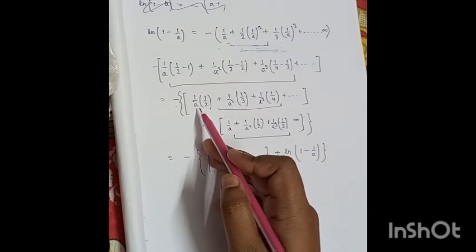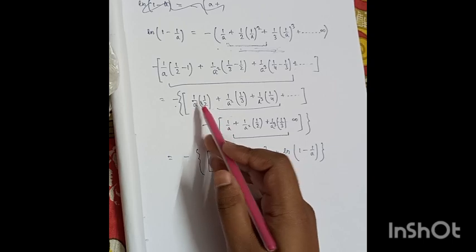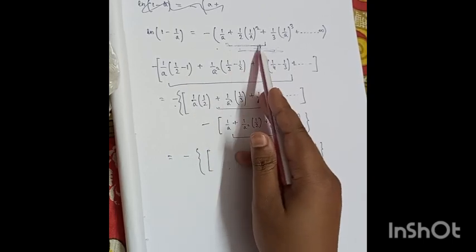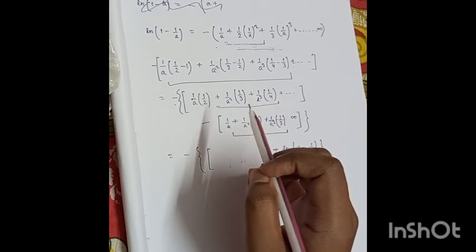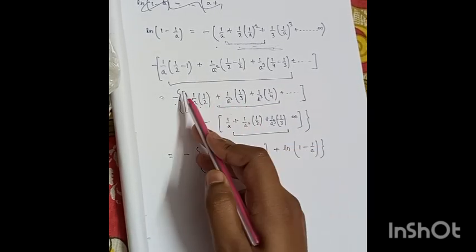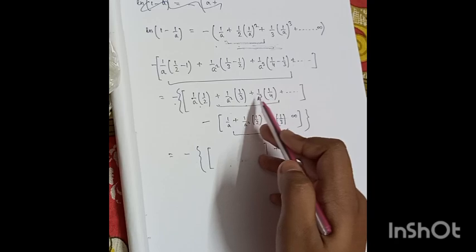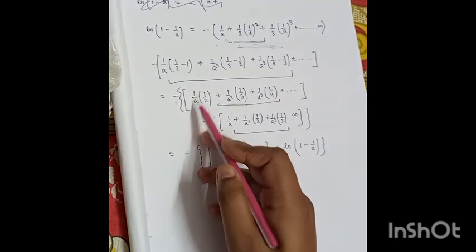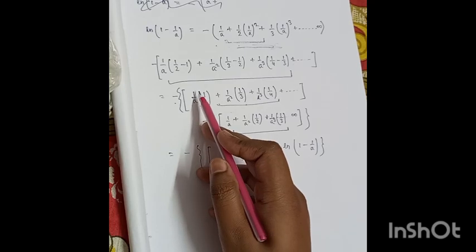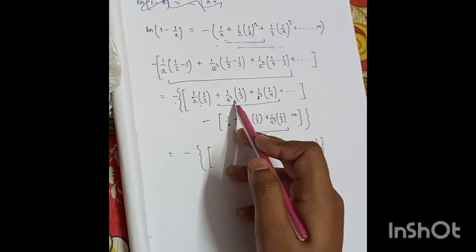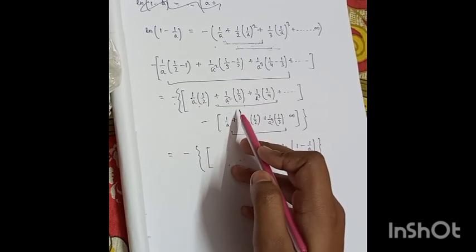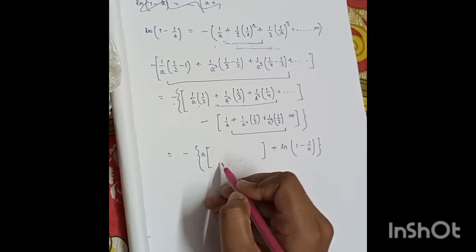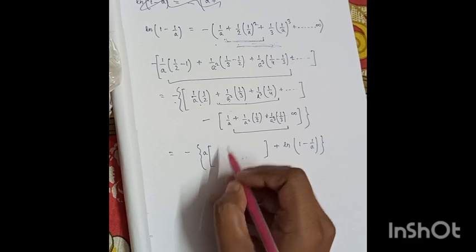Now we can create the same expression as this here if we multiply this series by a and also divide simultaneously by a. So the expression does not change, but we can create the terms 1 by a whole square into half plus 1 by a whole cube into 1 by 3 and so on. So let me divide and multiply by a.